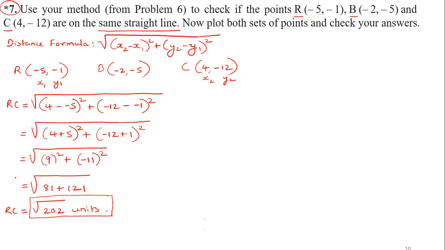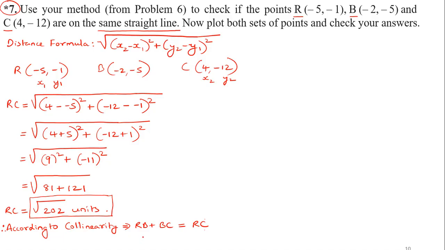So how will we check? Using collinearity. Therefore, according to collinearity, RB plus BC should be equal to RC.